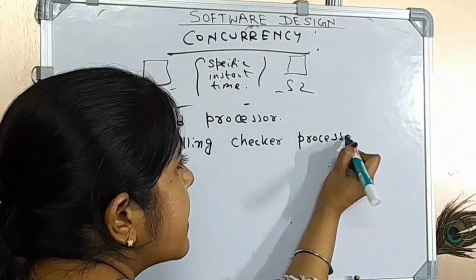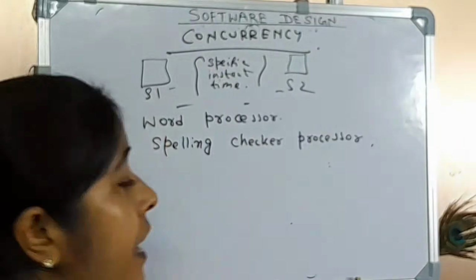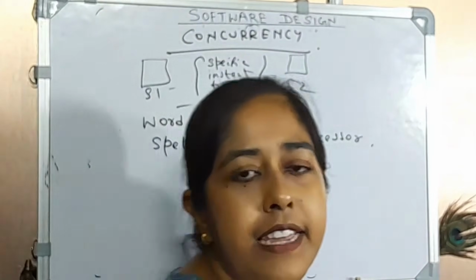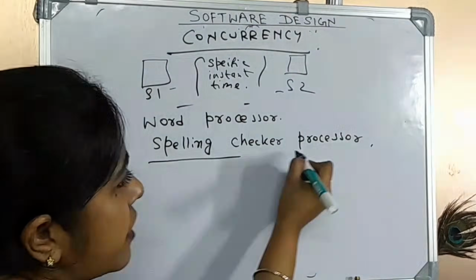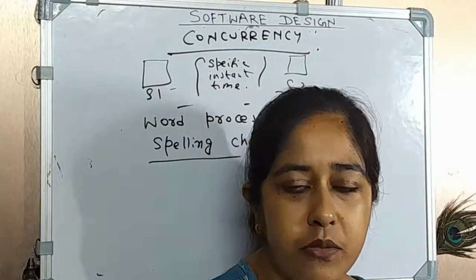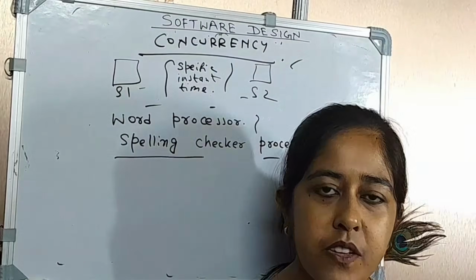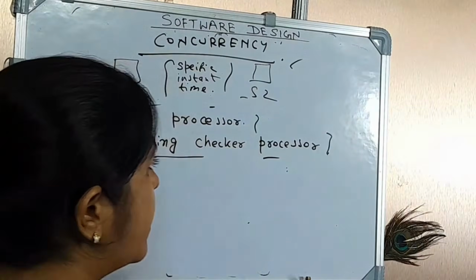You are working in this word processor, but whenever you write an incorrect spelling, certainly your spelling checker shows it to you. I am not working with it again. So this is what is happening in a word processor and spelling check system.